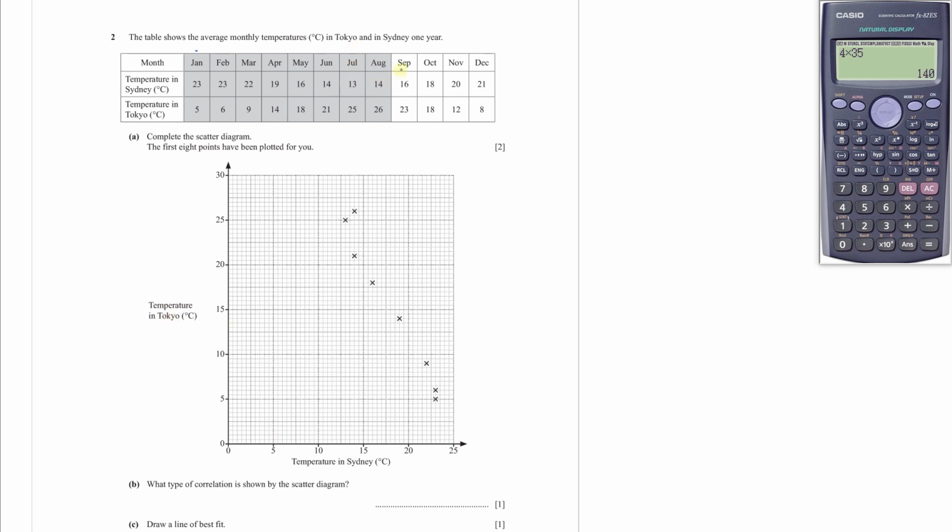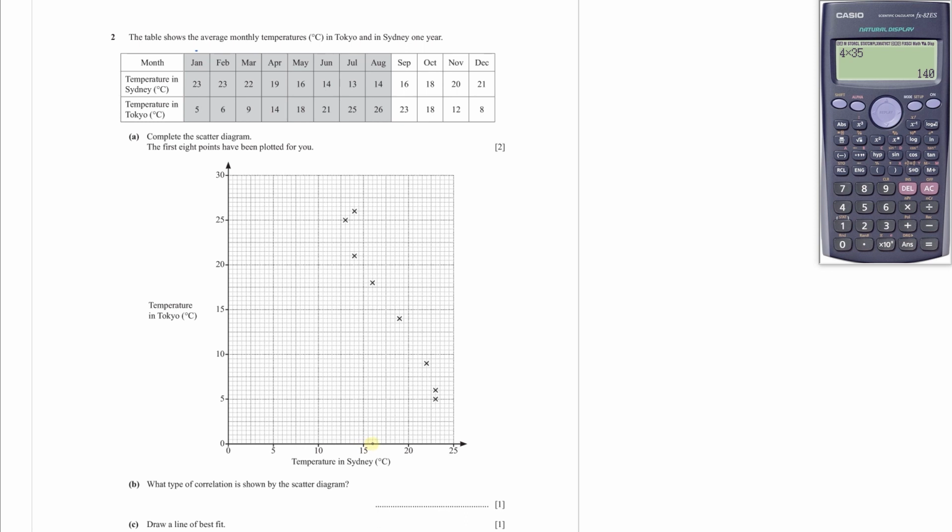So in September, the temperature in Sydney is 16 and Tokyo is 23. So 16 will be 15, 16. 16 will be this one because this is a change of 5 and 10 blocks. So each small block is 0.5 degrees. So if this is 15, 16 will be 2 blocks towards the right.